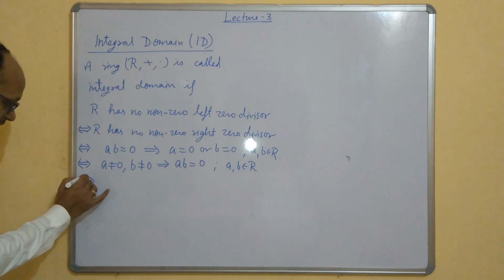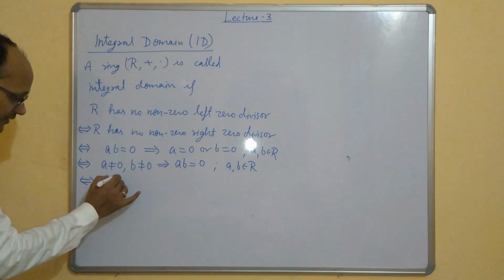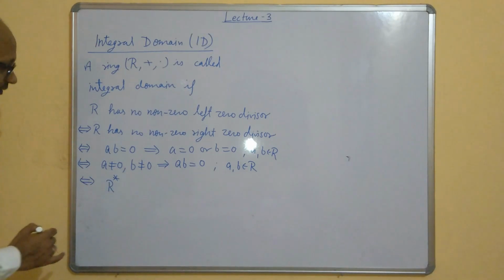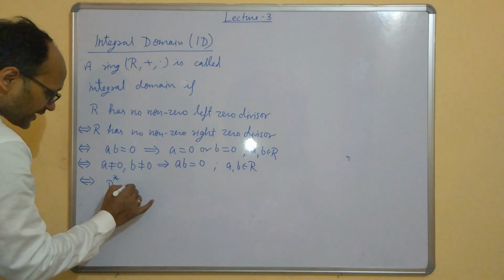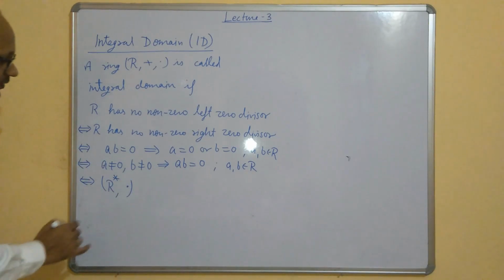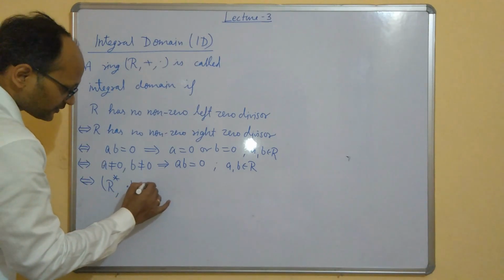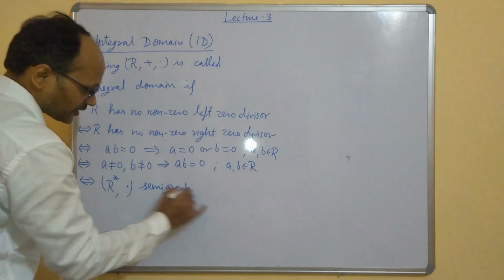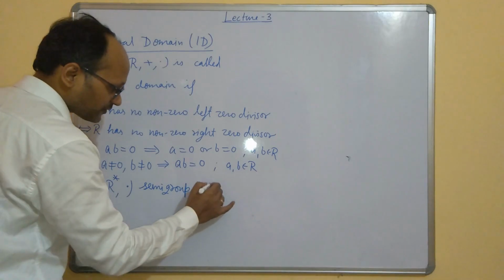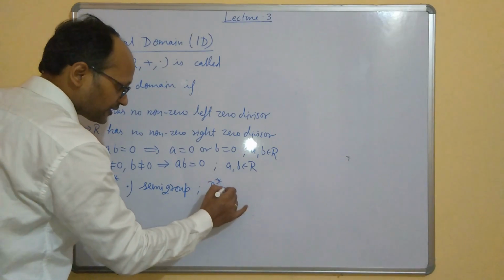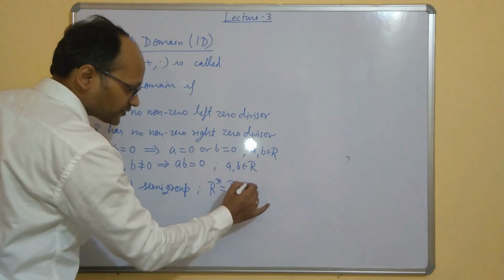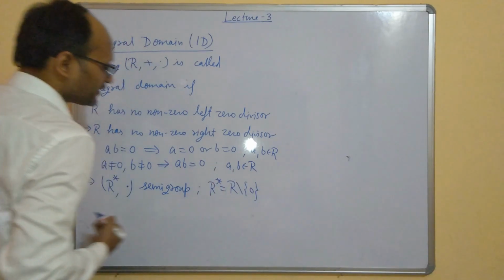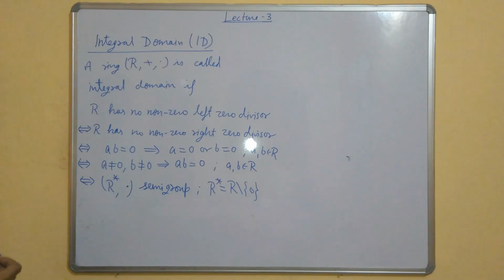This is equivalent to saying that R star is a semi-group with respect to multiplication. What is R star? R star means R minus 0, where 0 means the additive identity, that is the identity of the operation plus.